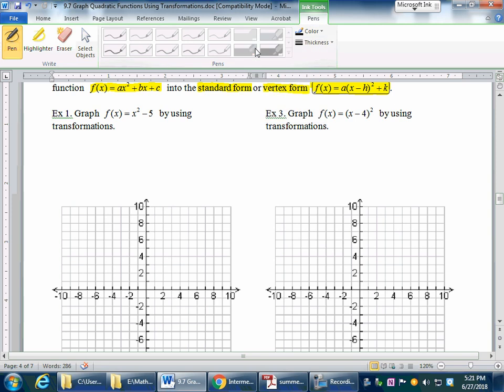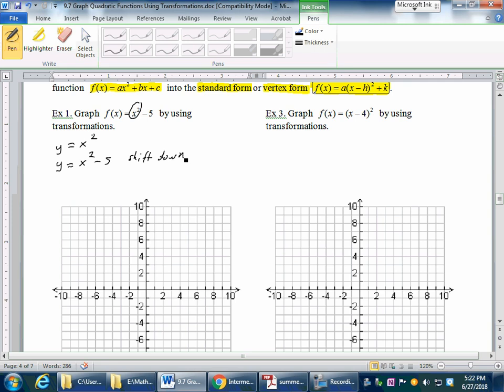And we want to transform that. Notice that this x squared is representing your y value, and we are subtracting 5 from the y value, which is y equal to x squared minus 5. So that tells me it will be shifted down 5 units from your original parent's graph.